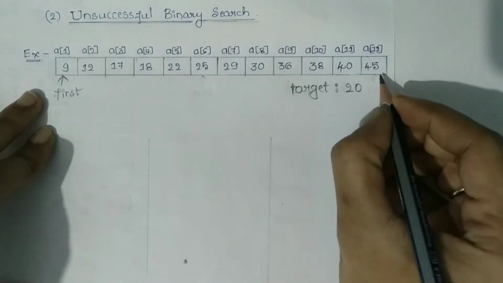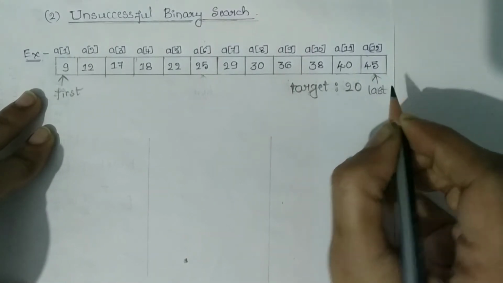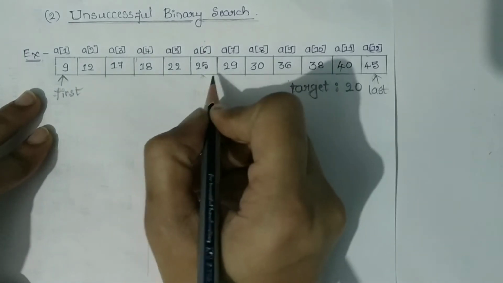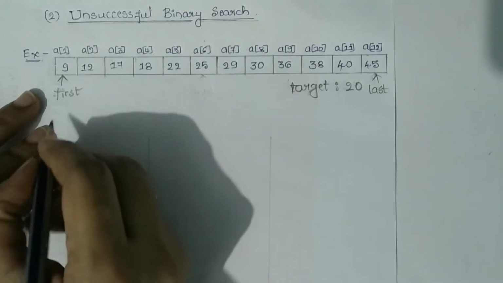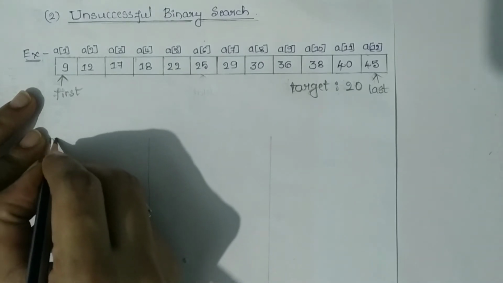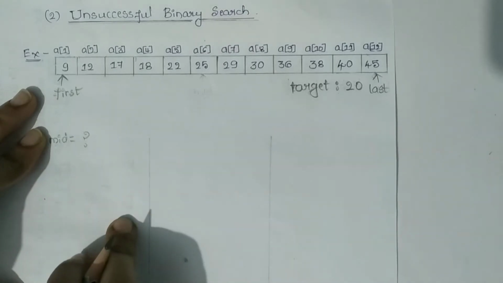To identify the end of the list, I will take the variable last. And we have to find the middle of the given list, so for that I will take mid.